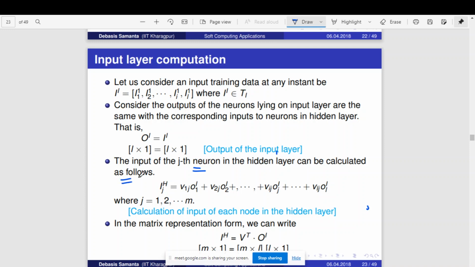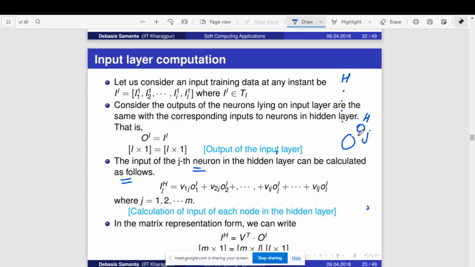See, what is the input for the jth neuron in the hidden layer? Let us assume this is the hidden layer, and this is the jth neuron in the hidden layer. Let us call its output O_j^H, which means it is the jth neuron in the hidden layer.